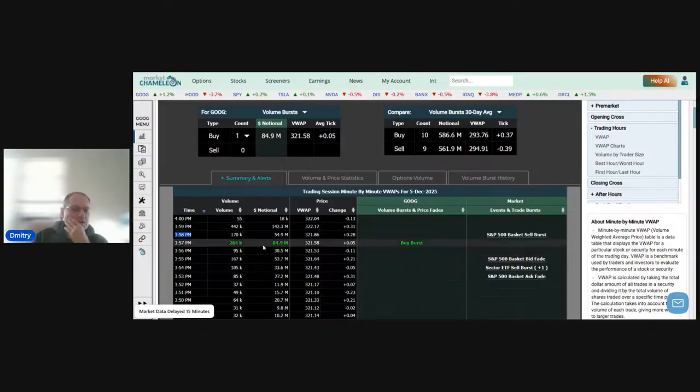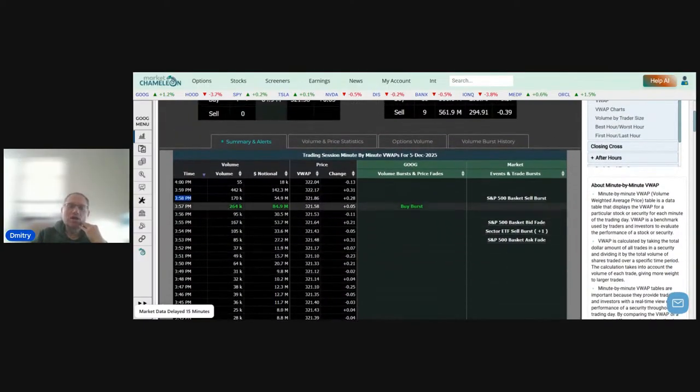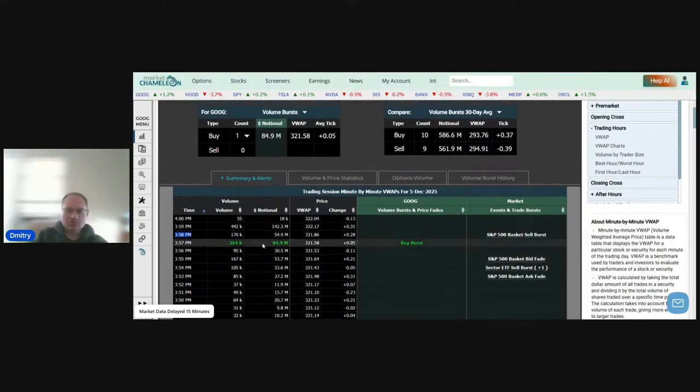So that's why, when we look at this table, we can analyze it in those types of granular ways. And when we talk about a burst, here's one over here at 3:57, where we say there's a buy burst. A burst is where there's an unusual liquidity event.